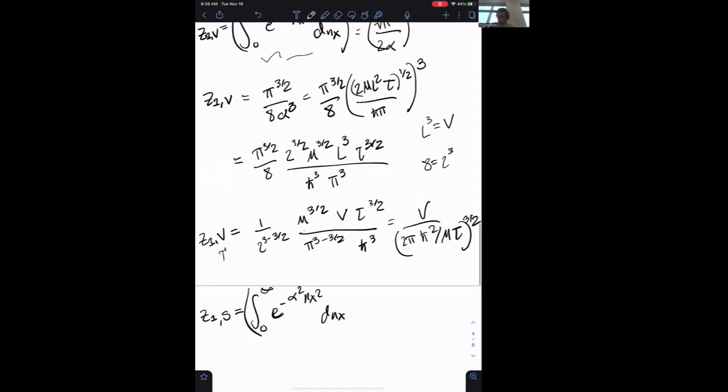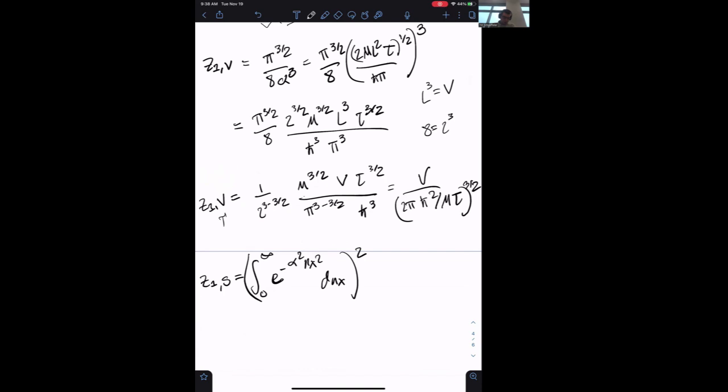And now instead of cubing it, we're just squaring it because we're working in 2D this time. I'm gonna skip all the algebra.